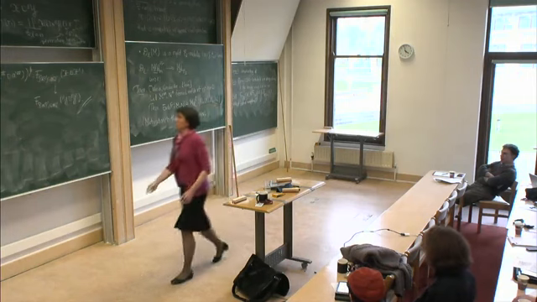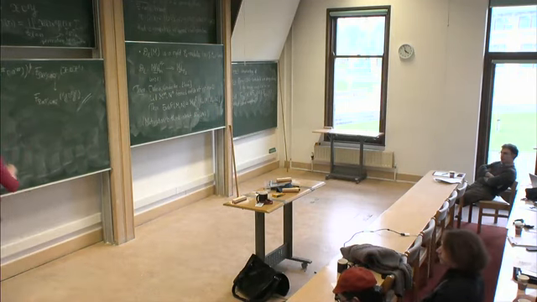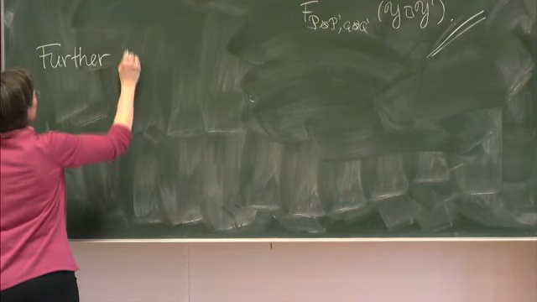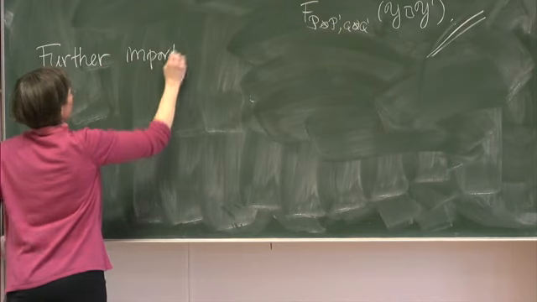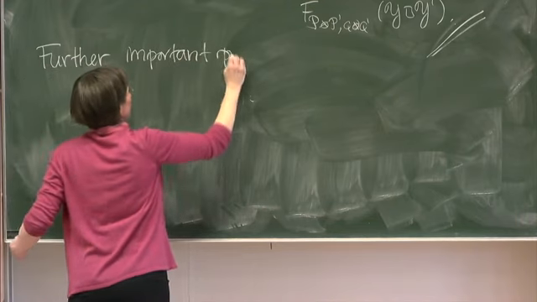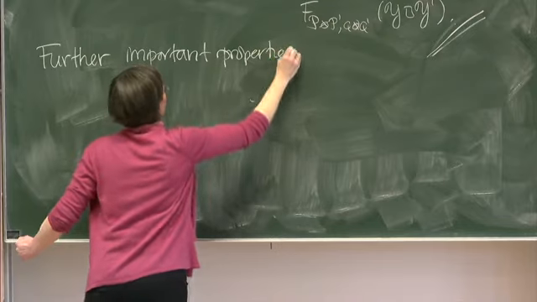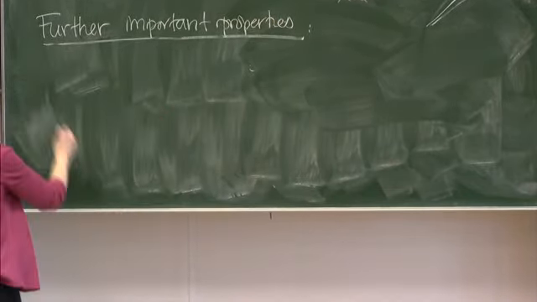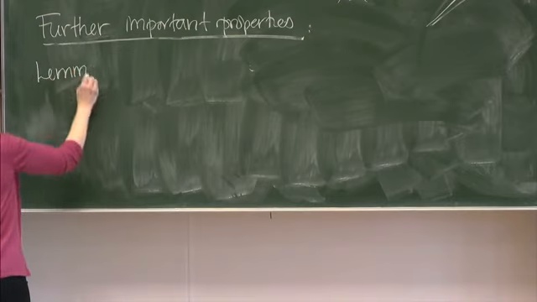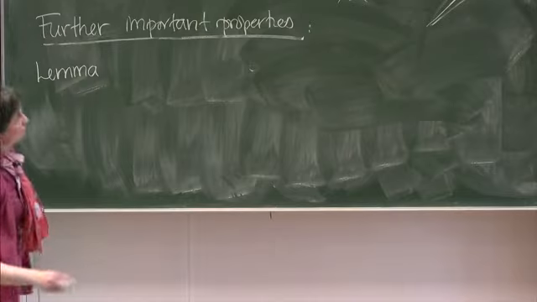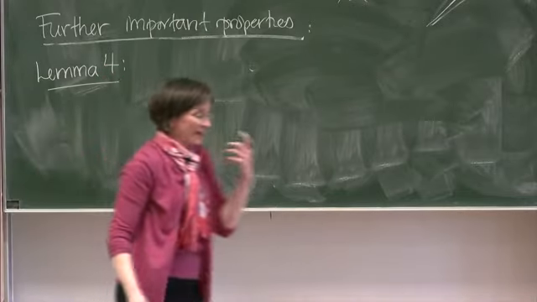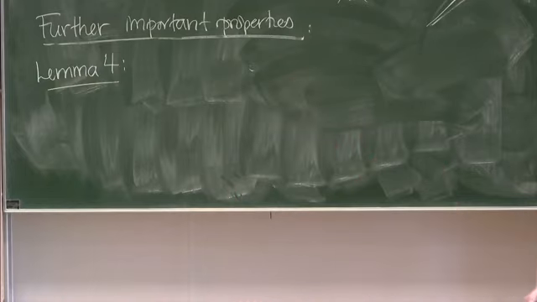Okay, so two further properties. The first one is really just a lemma again. And this one really is a lemma. It's not hard to prove at all. I guess I'm up to 4 or something. Which is that, we had this functor gamma n from symmetric sequences to symmetric sequences.